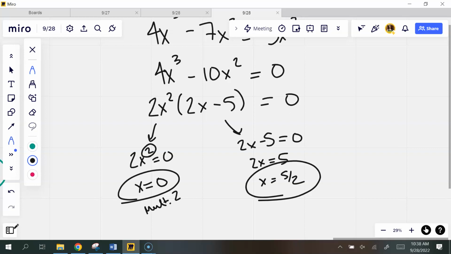If it was like a regular number, but this is not.